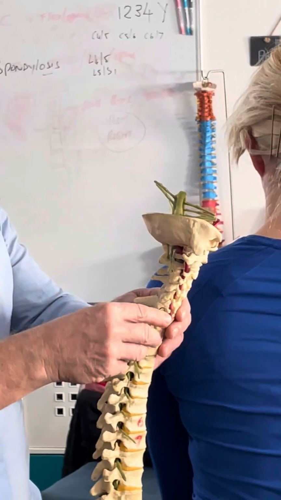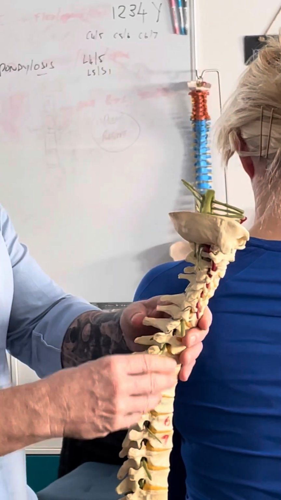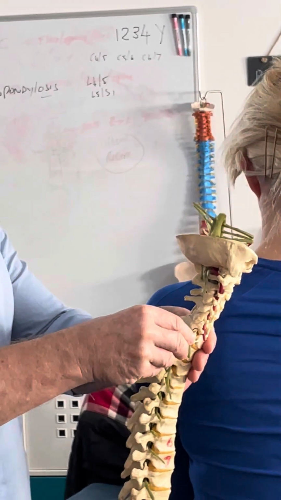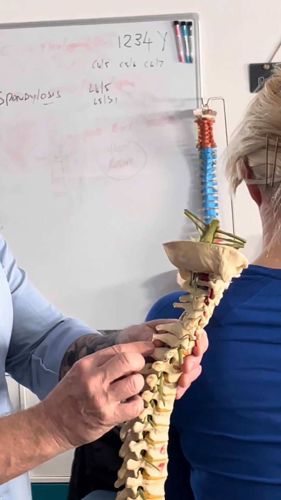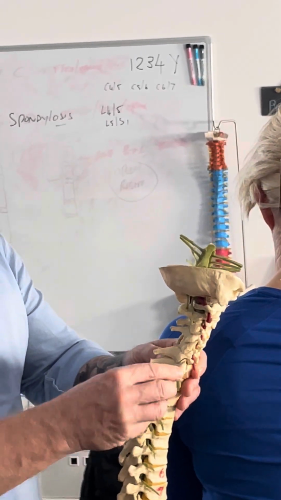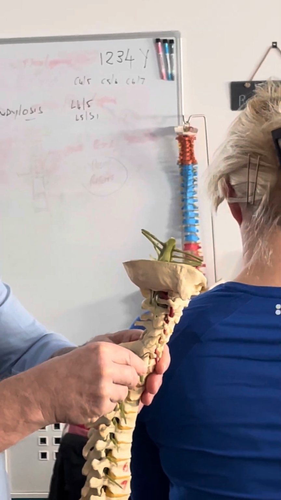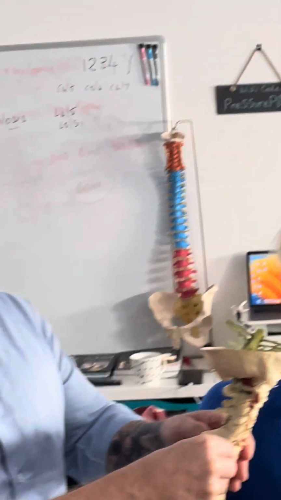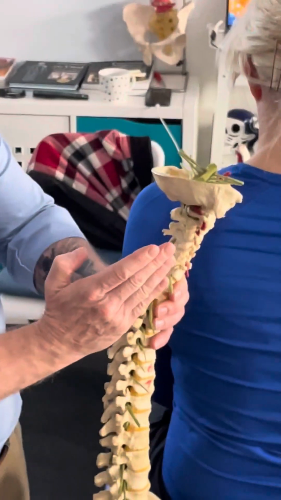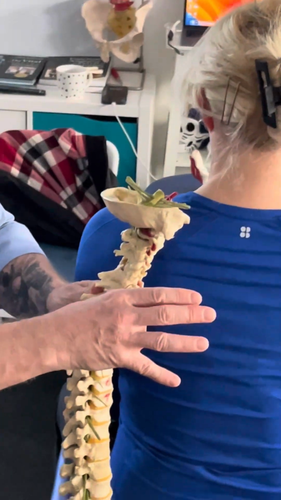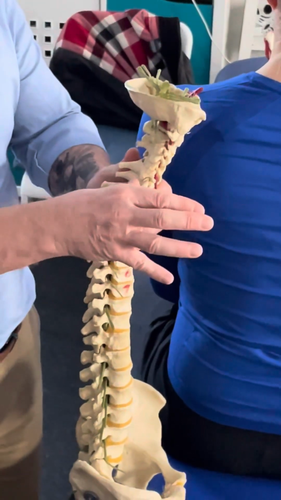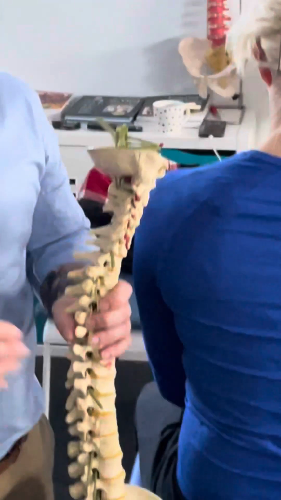But for the demonstration I showed you, let's say that's C7 and T1. If I'm in that space, you might look at that and see I'm actually on T1. So if you found C7 and you come adjacent to that, your thumb is going to be about an inch lateral over here, but the pad of the thumb is going to contact a further area. You're not going to be directly on what you think.